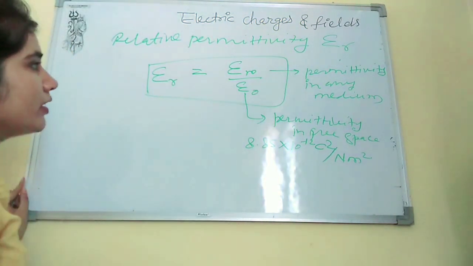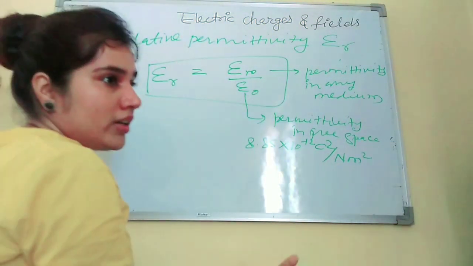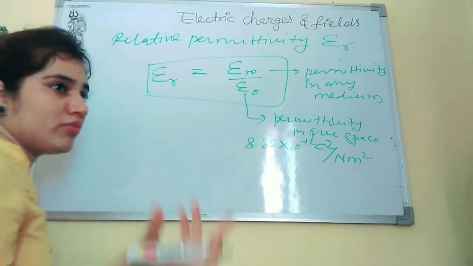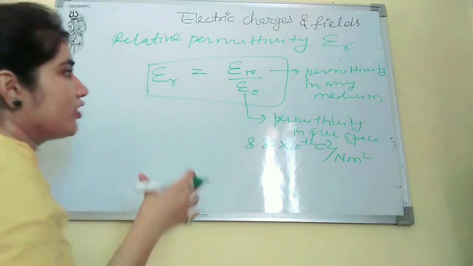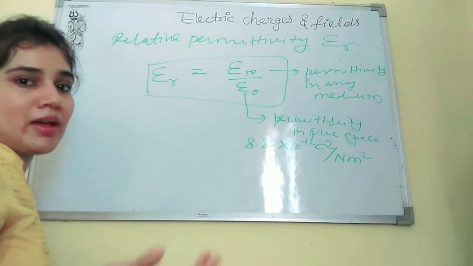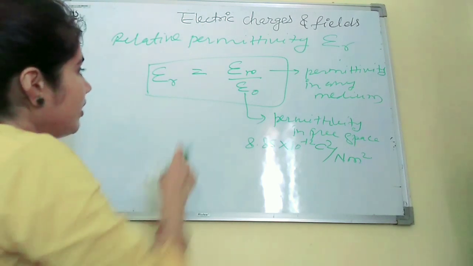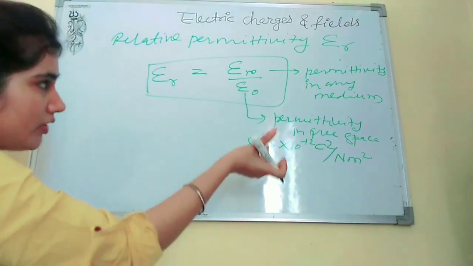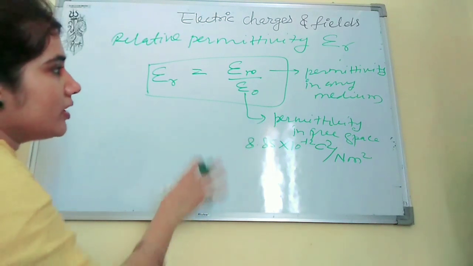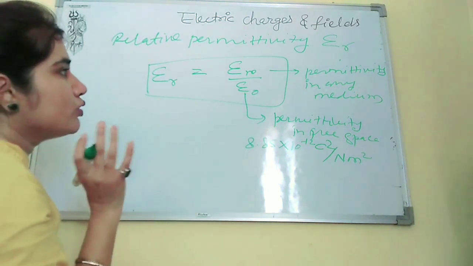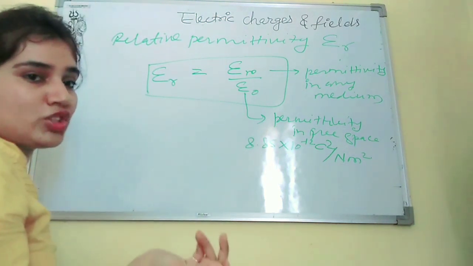Okay, so this will help to solve any numerical. Sometimes this kind of numericals also come in board exams, so it will help you. In a numerical, one or two values could be mentioned.